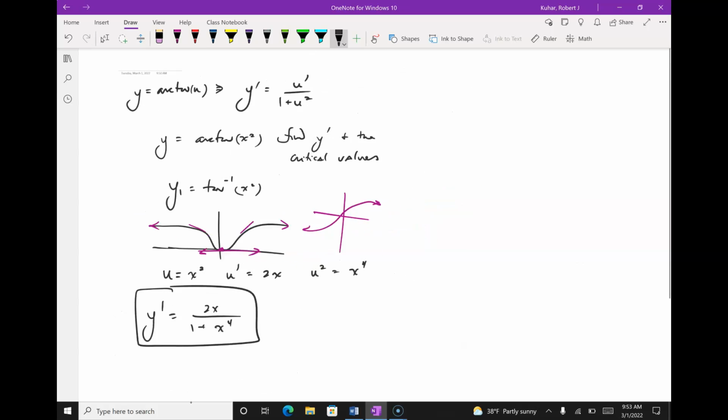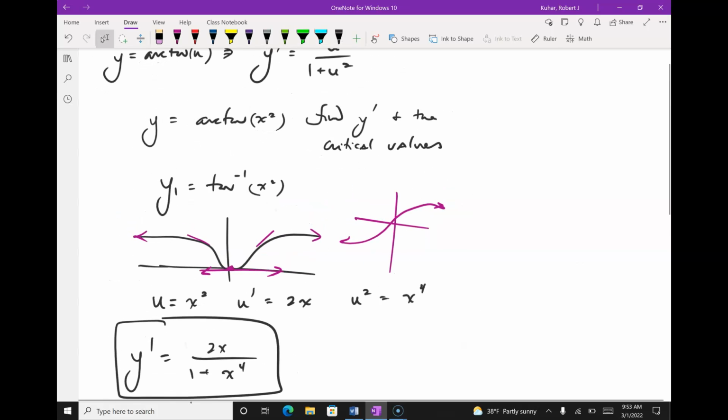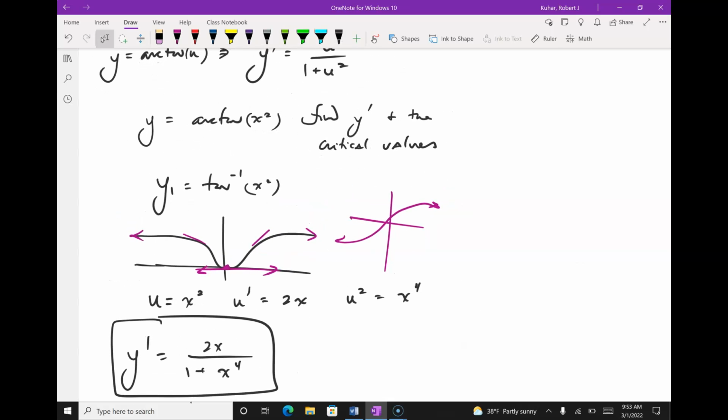There's my derivative. Notice that the numerator is 0 at what x value? 0. Numerator is equal to 0 at x equals 0.